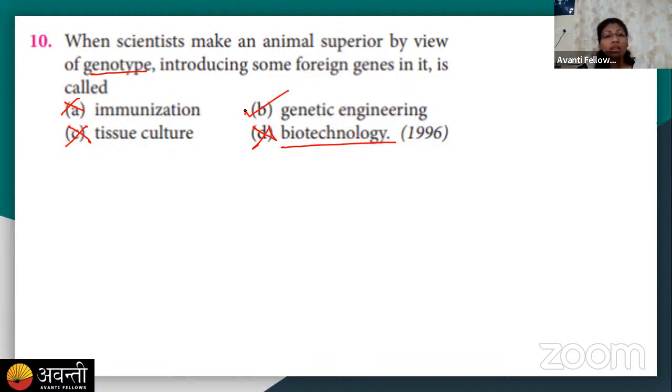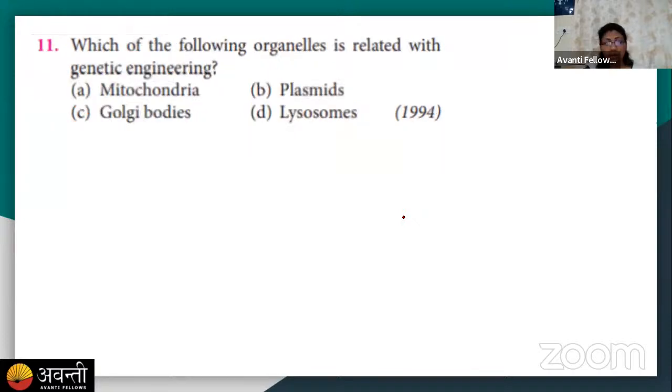So genetic engineering, yes, is the correct answer, and it is the technique which is used to introduce a foreign gene into the genome of our animal of interest. Okay. Now, moving to the next question. The next question says, which of the following organelles is related with genetic engineering?